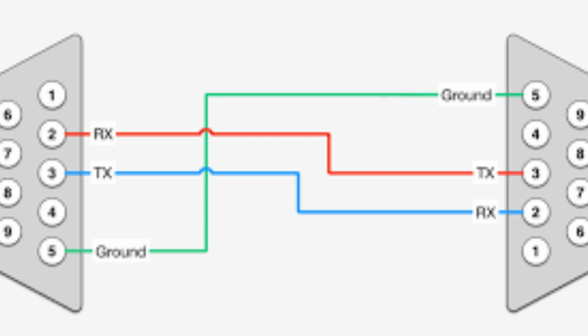RS-232 is a physical layer protocol, which means it defines the electrical and mechanical characteristics of the transmission medium, but it does not define higher-level protocols. RS-232 is commonly used with other higher-level protocols like Modbus or SCPI, which define the data formats and communication rules.